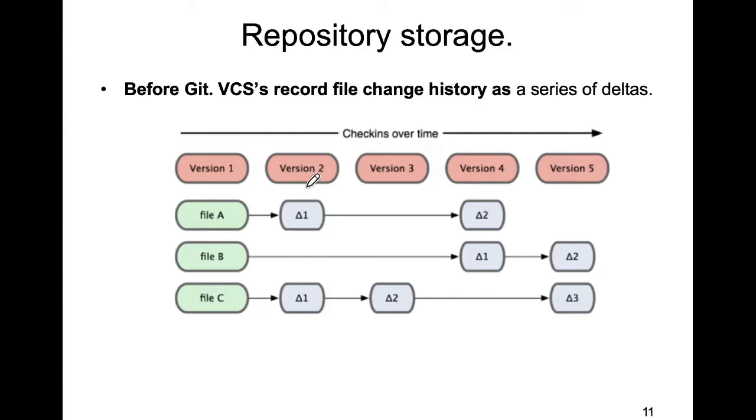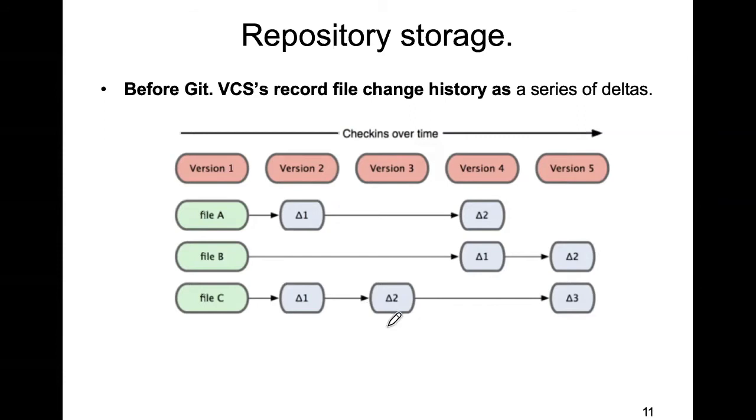So what version control tools prior to Git did was they recorded what changes have happened to the files. So these are deltas. That's how they worked. They have the initial version of the files, and then they record what changes have happened. And then I continue on working.